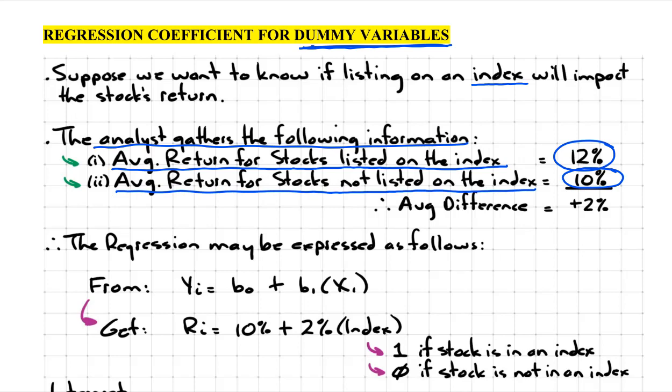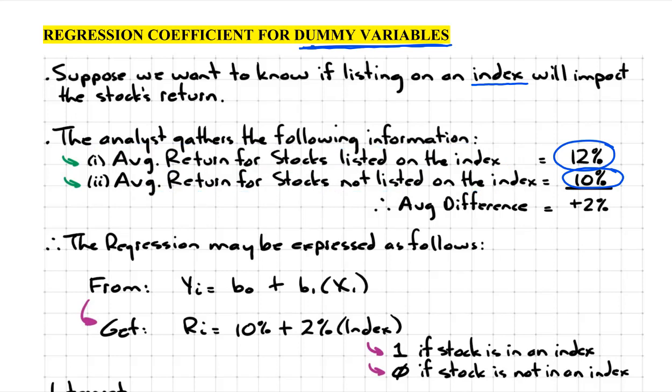So if I can use a real-life example, the S&P 500, which is probably the most popular index. Let's just assume that the return on the stocks listed on the S&P 500 returned 12%, whereas the stocks that were not on the S&P 500 index yielded 10%. So therefore, the average difference is 2%.